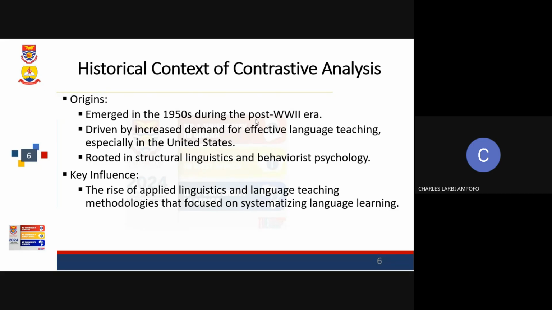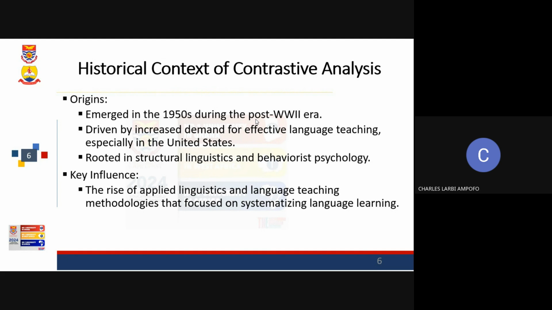Effective language teaching. Okay, so it says that it emerged because it was driven by the increased demand for effective language teaching. It became necessary for people to have effective language teaching, especially in the United States.